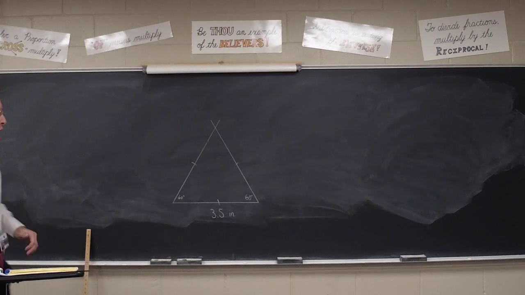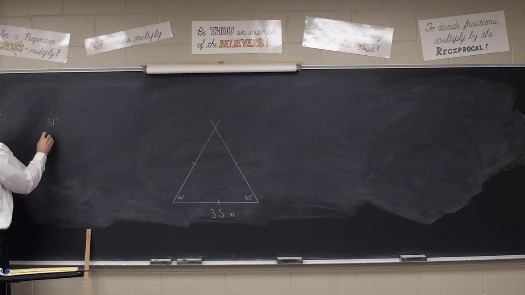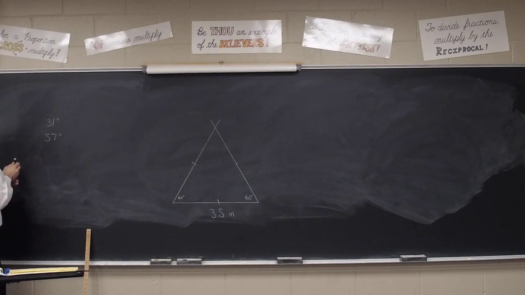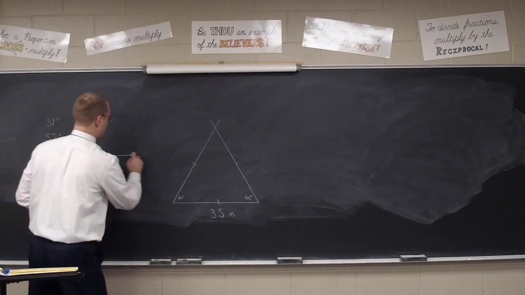Think about it. What if I told you to draw a triangle that has a 31-degree angle, a 57-degree angle, and, let's say, a 92-degree angle? By the way, what must be true of those 3 angles, class? They have to add up to 180, right? Well, how big of a side do you start with? Somebody might start with a little bitty side. Somebody might start with a bigger side.